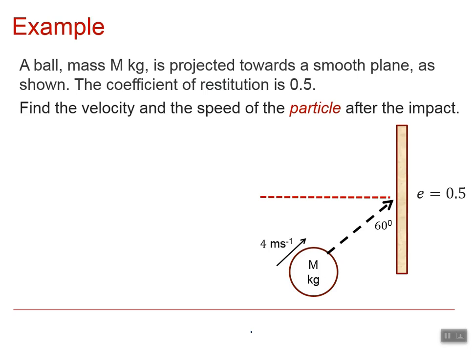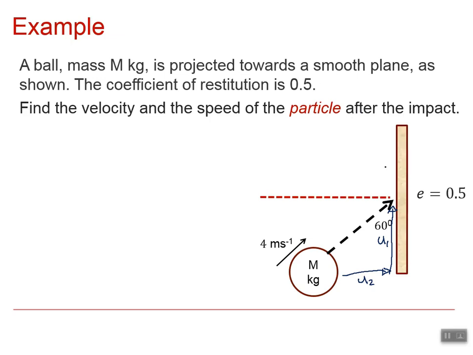Okay, in order to calculate this, we're going to need to add quite a lot of information to this diagram and use some notation. So we're going to have, acting parallel to the plane, U1, which is the speed initially in that direction, and then perpendicular to the plane U2, which is the speed in the perpendicular direction.